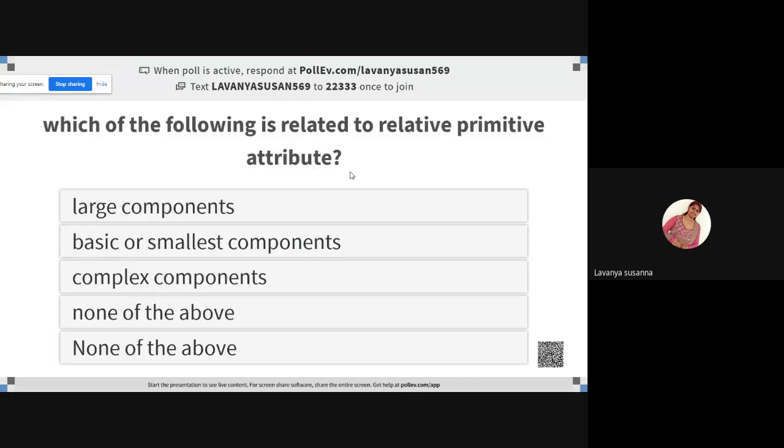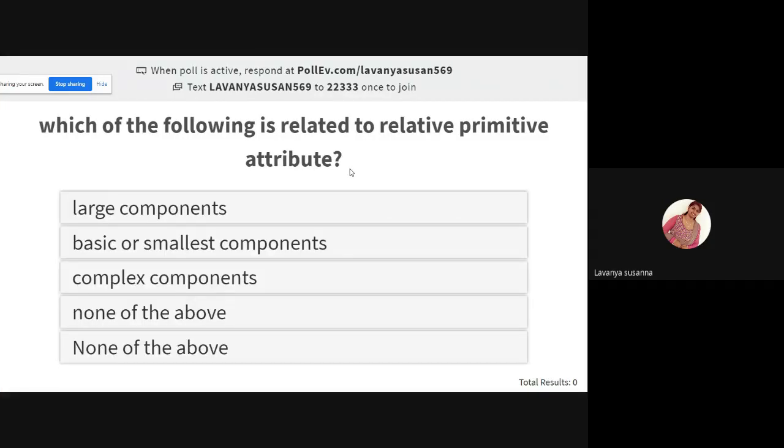See the next question. Answer the next question. Which of the following is related to relative primitives? Just now I have explained it.